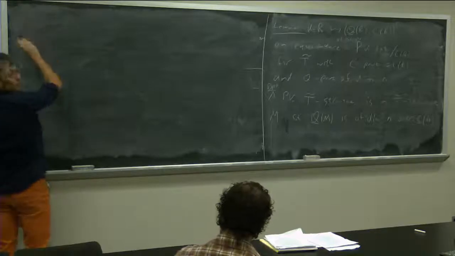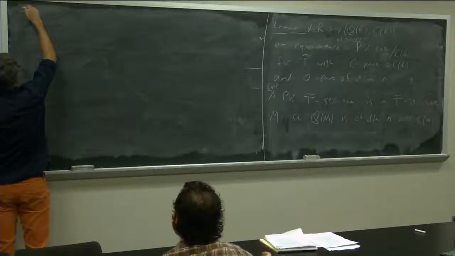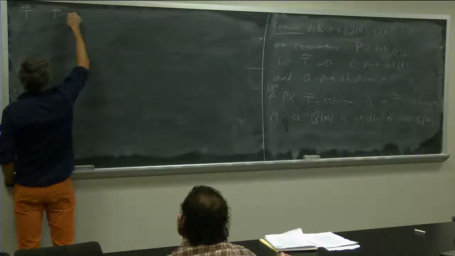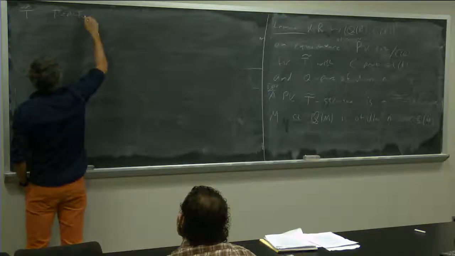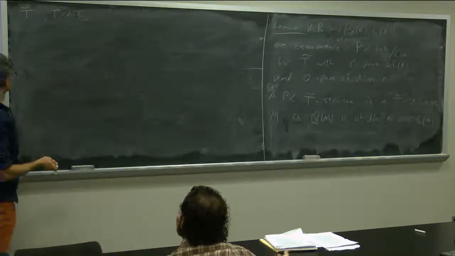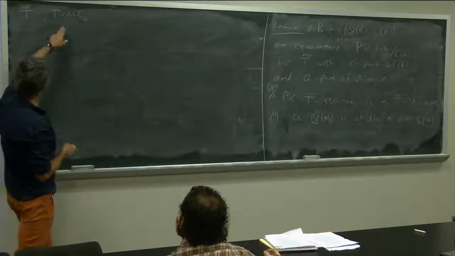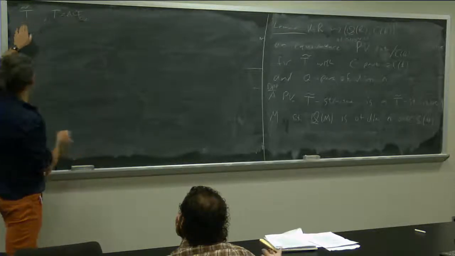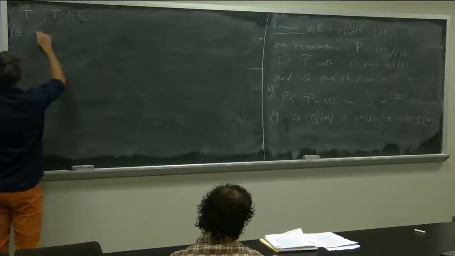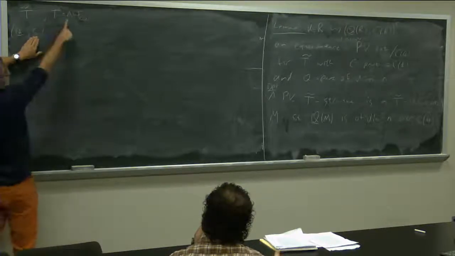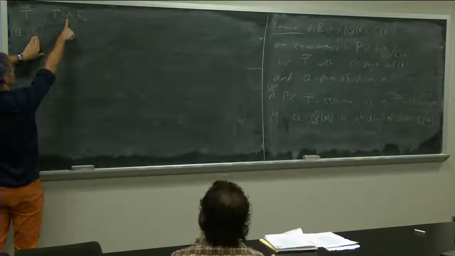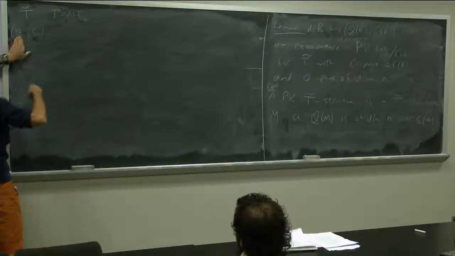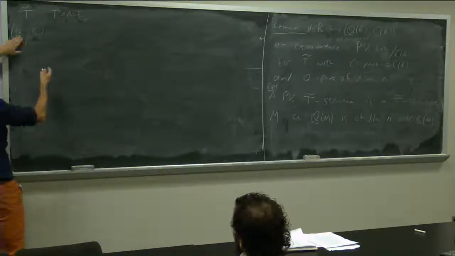So now we have these two theories. We have T-field, and we have T, which I didn't mention here, which is just ACF with constant symbols for C and K. So T has 2 parts, Q and C, and the C part is a model of that, so it's an algebraically closed field, and the Q part is not a model of that, but it's not very far from being a model of that.